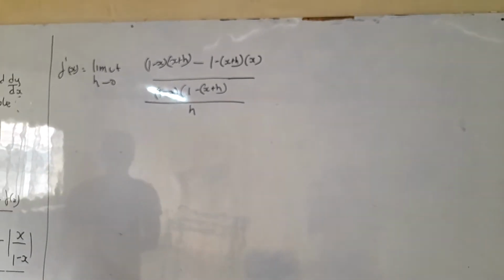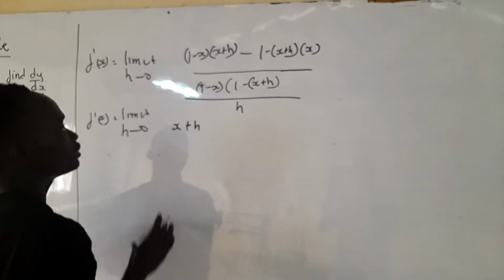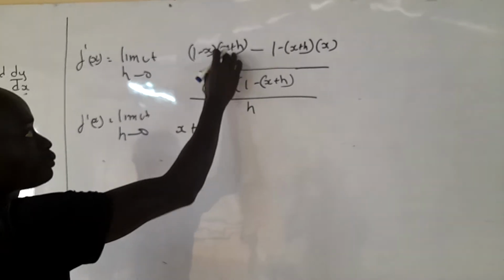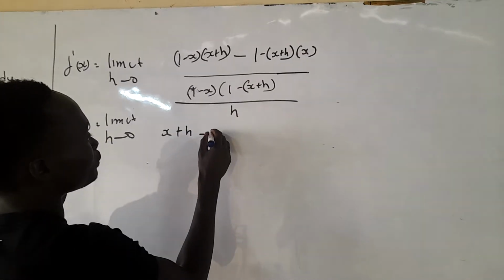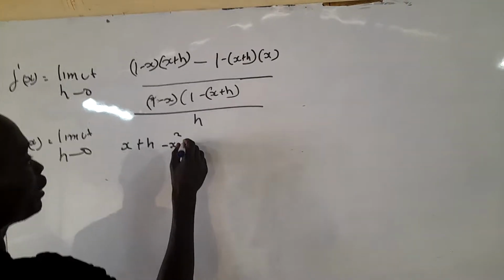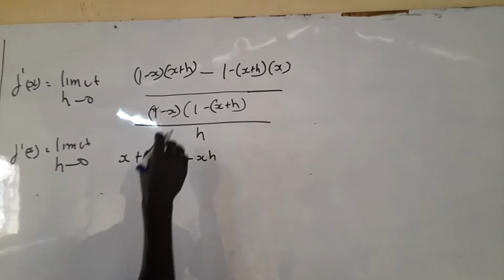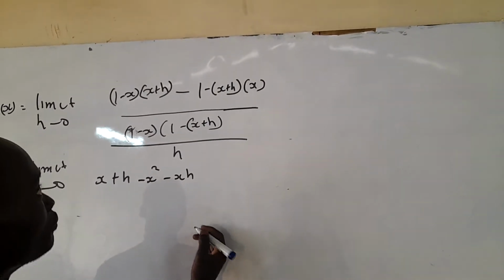Don't forget this. So from there you can start, x plus h. Then I get negative x times x, that is negative x squared. Negative x times h, negative xh. Then I go to this other side.